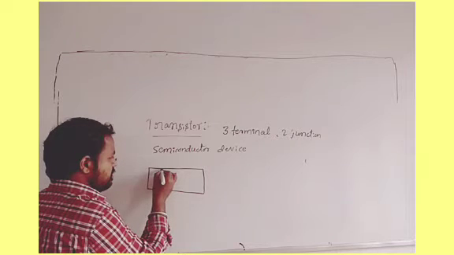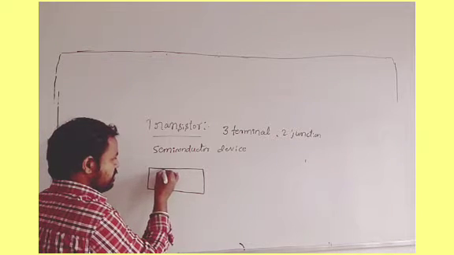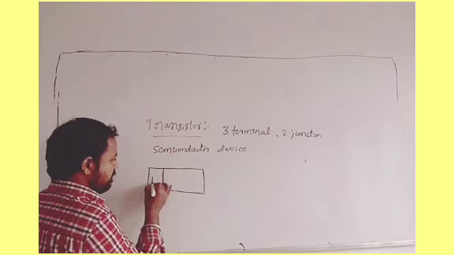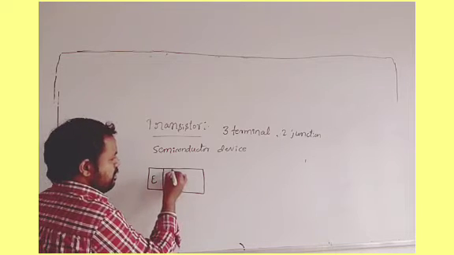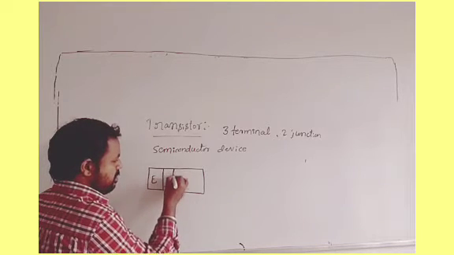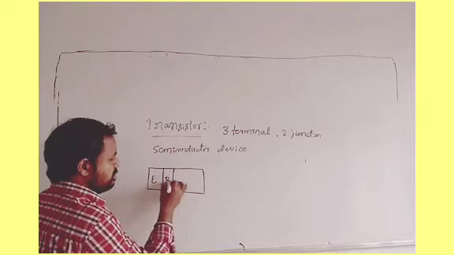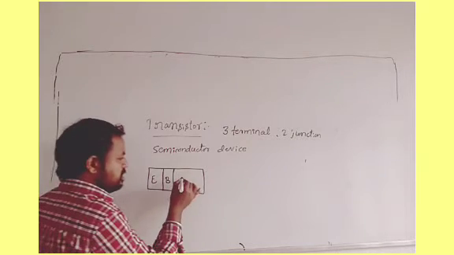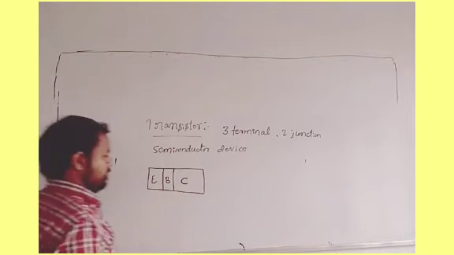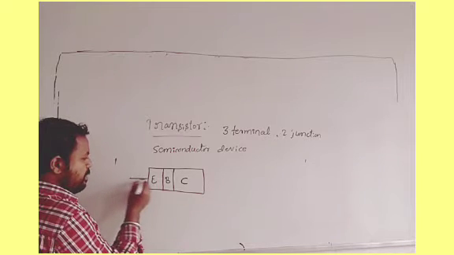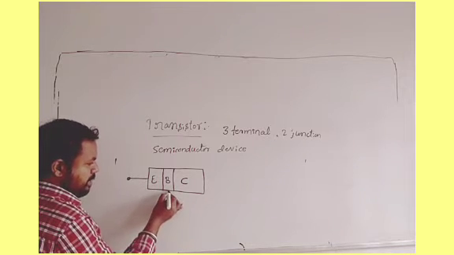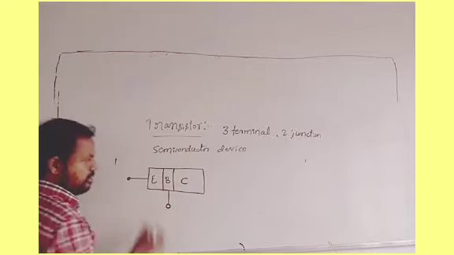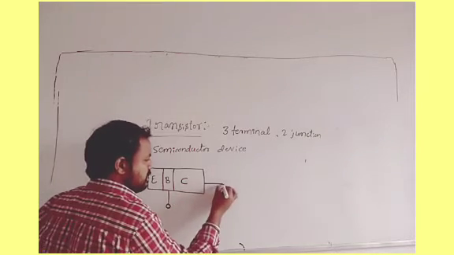Three-terminal in the sense that the first one is the emitter, another one we can call the base, and the last one we can call the collector. The emitter is one terminal, the base is another terminal, and the collector is the third terminal.